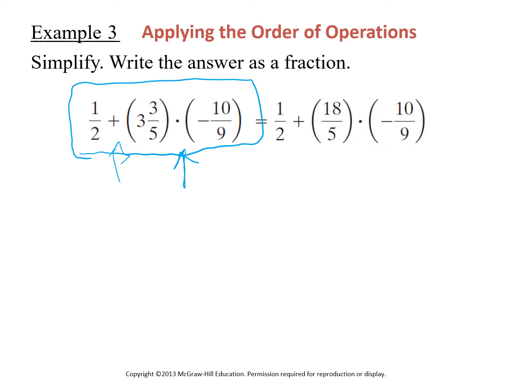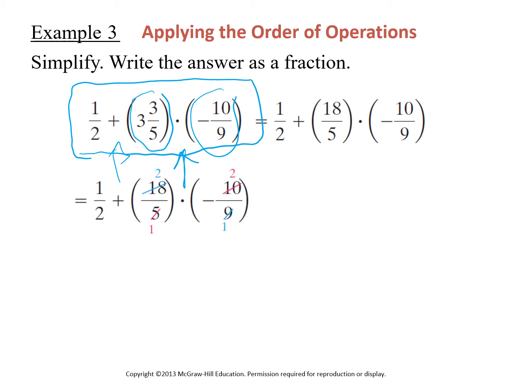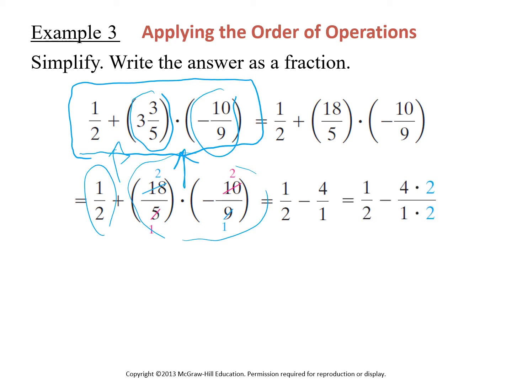So we're going to change our mixed numbers here to improper fractions. So I have 18/5 times negative 10/9, and I'm going to do this multiplication first, and then I will take 1/2, and my multiplication came out to negative 4, and I do the subtraction last.